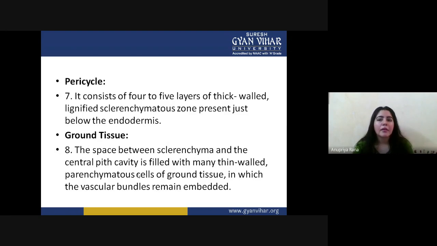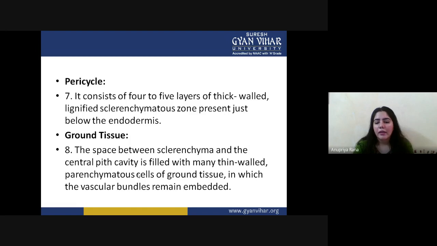The most important function of sclerenchymatous cells is to give mechanical support. So the pericycle of this dicot stem has a fundamental role in giving mechanical support.